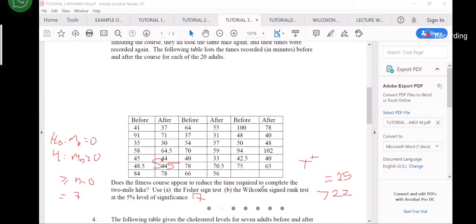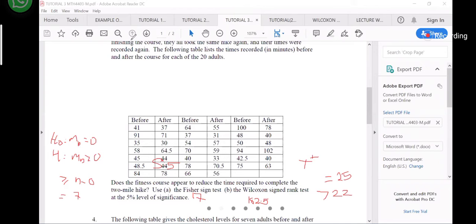And for Wilcoxon, T plus is 182.5. So both reject H0, right?